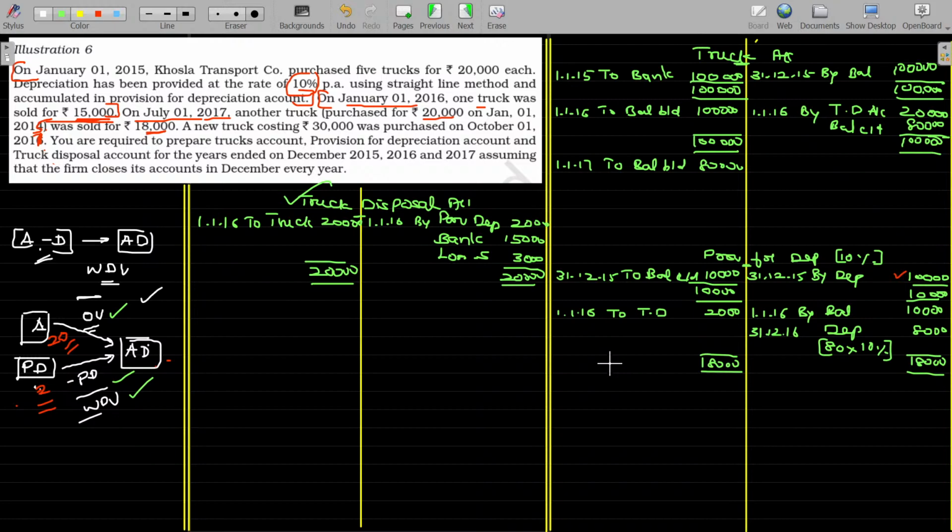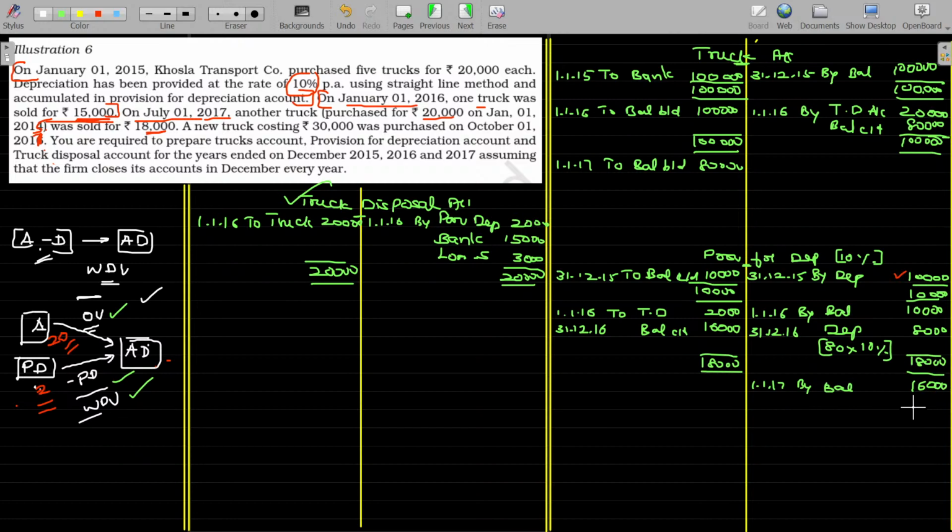Once the asset is sold off, the provision is no longer required. So the provision should also be transferred to the asset disposal account, right? So now it is 16,000 rupees on 31/12/16 to balance carried on. And I'll write on the opposite side: 1/1/17 by balance, 16,000.